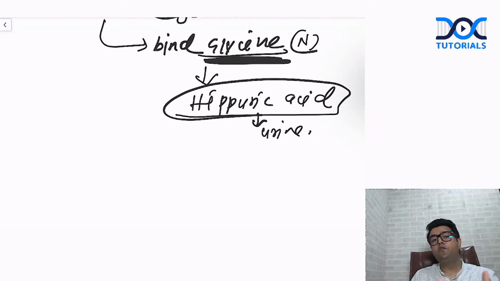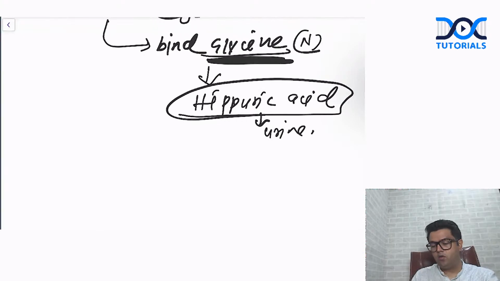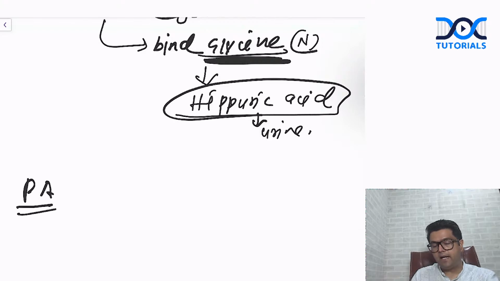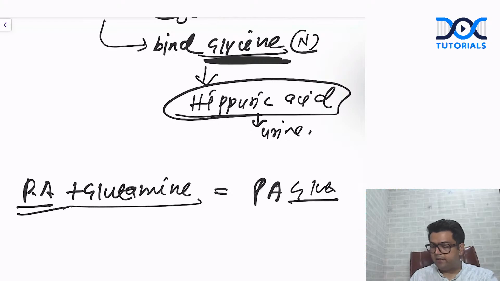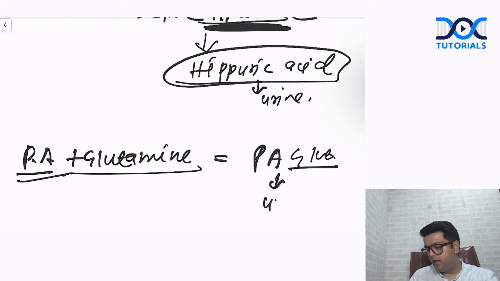We can also use phenyl acetate, which binds with glutamine, right? And take it out in the urine. So this makes phenyl acetyl glutamine, and this is non-toxic, and this will appear in the urine.